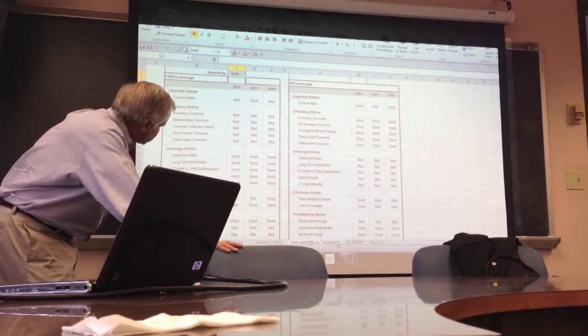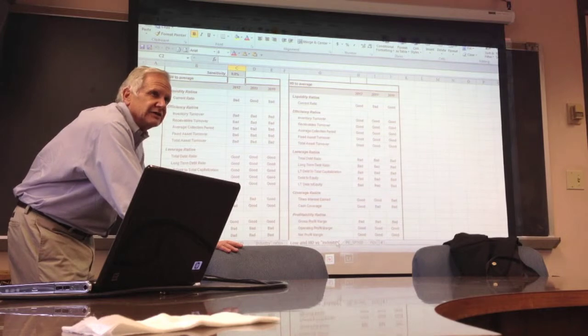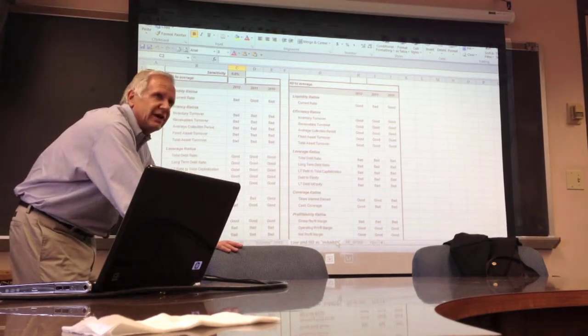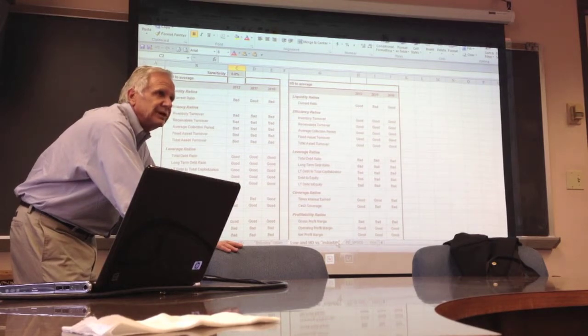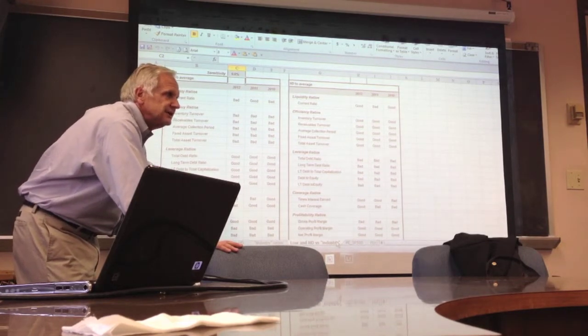Similarly, numbers like this, the coverage ratio, tells you even if the company has a lot of debt, does it have a lot of money to pay off what it has to in the way of interest? If it's got debt but it's got a good coverage ratio, that can offset it, okay?